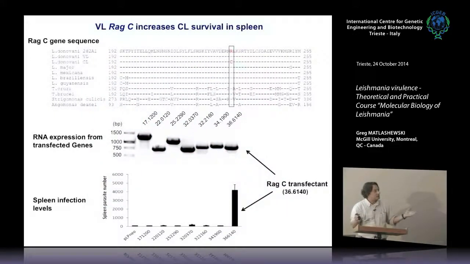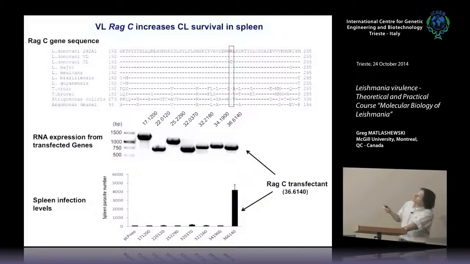We didn't know which ones are important. You look for things that are a change in the amino acid where it seems to be an amino acid which is well conserved or within the active site of a gene. And so we had a number of SNPs that are all shown here. The SNP in this RAG-C was in this gene here on chromosome 36.